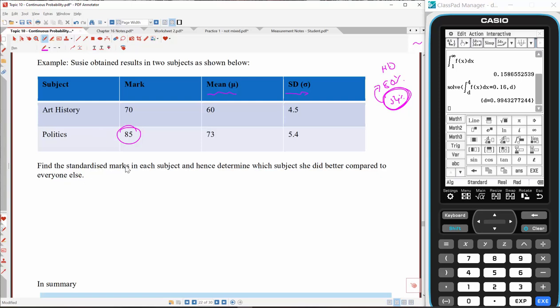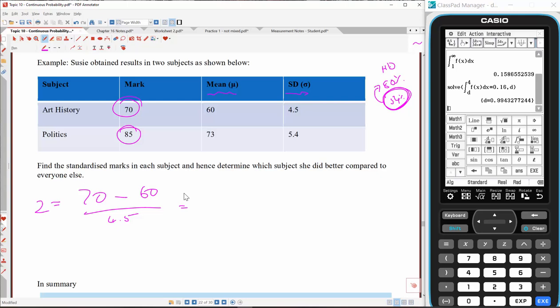Okay, so find the standardized mark in each subject and hence determine which subjects she did better compared to everyone else. To do it, we take the score that she got, the mark, so we go 70, and we work out her Z-score: 70, take away the mean, over the standard deviation. That tells us how many standard deviations she was above or below the mean.